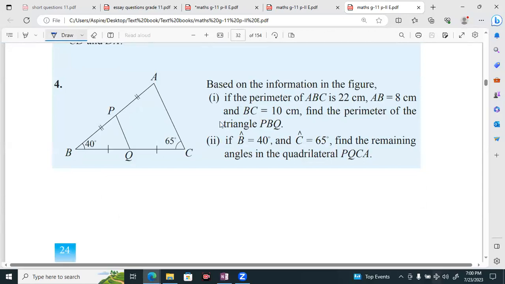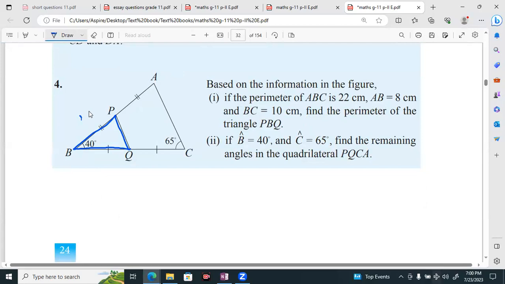Okay, then now what we have to do is find the perimeter of PBQ. We need to find the perimeter of triangle PBQ. Now look, we have been given that the length of side AB is 8 centimeters.